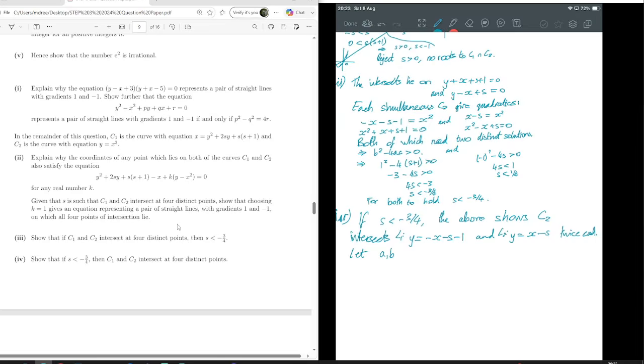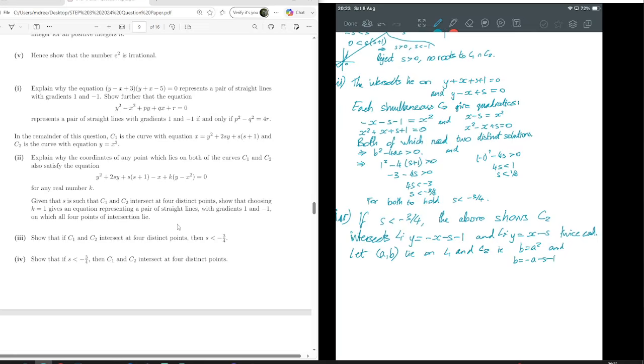Let (a, b) lie on L1 and C2, i.e. let the coordinate be (a, b). So that's b equals a squared and b equals -a minus s minus 1.